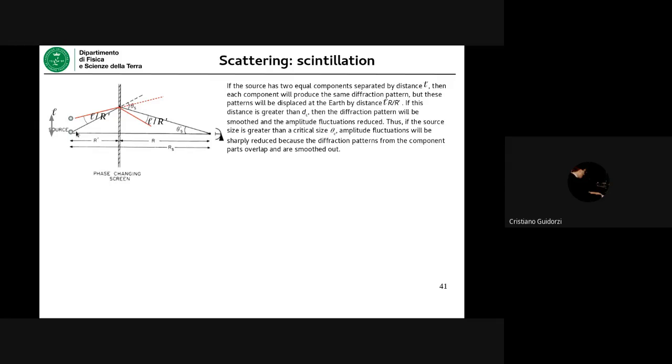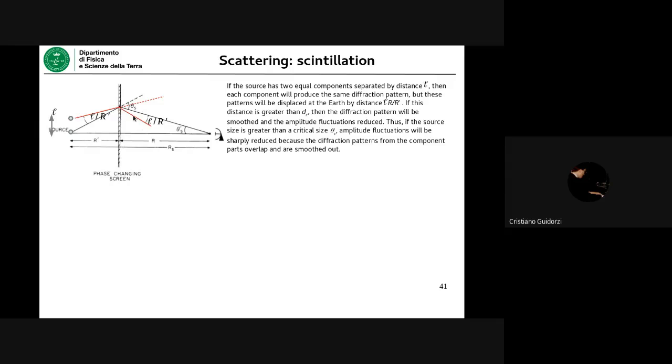So let's see what happens. Well, the corresponding angle here, so I just used the red color for the second source, for the upper source. The dashed line is telling you the direction of these rays, were they not refracted, in the case of no refraction.